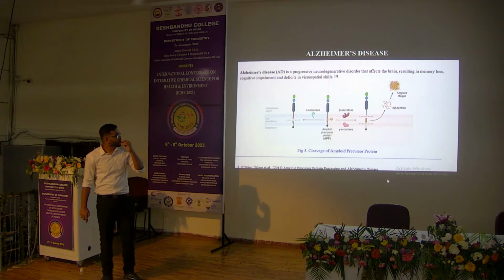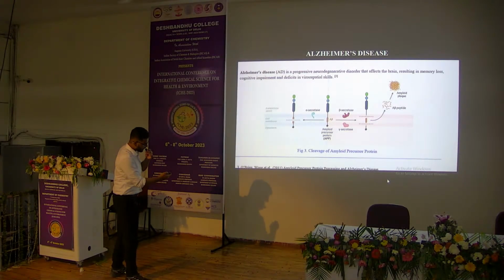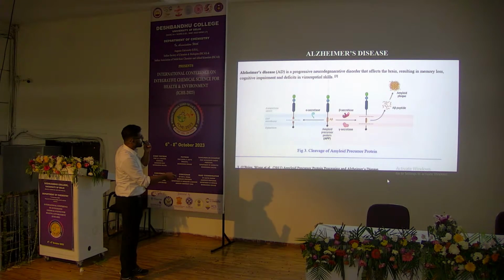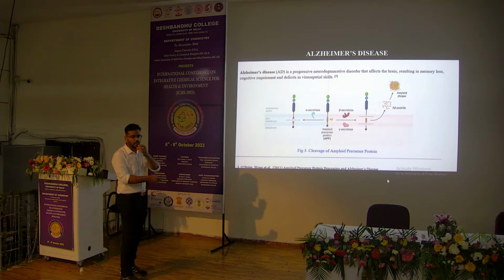So how does Alzheimer's actually occur? What is the pathway? On the right side of this frame, this is amyloid precursor protein. It was supposed to be cleaved by alpha secretase and then follow its normal enzymatic function.